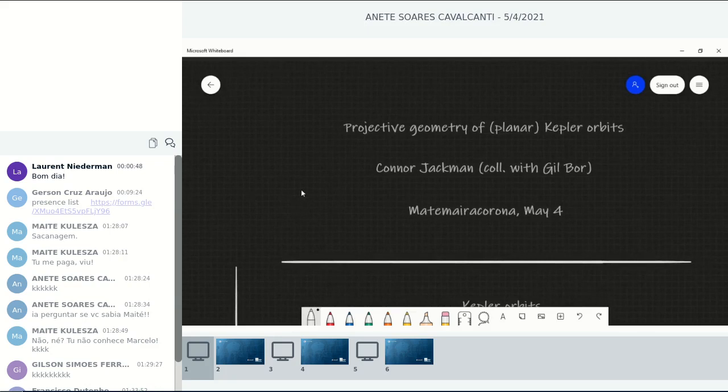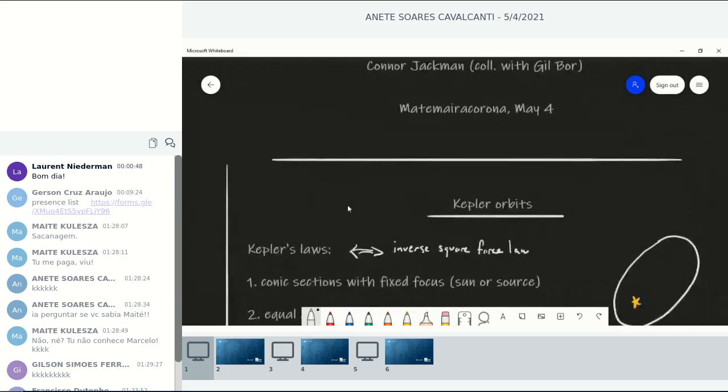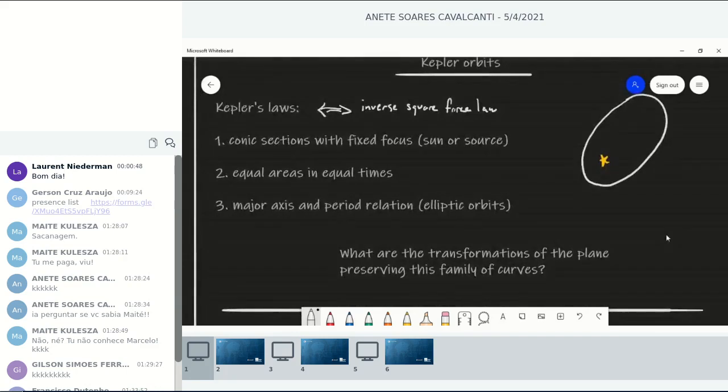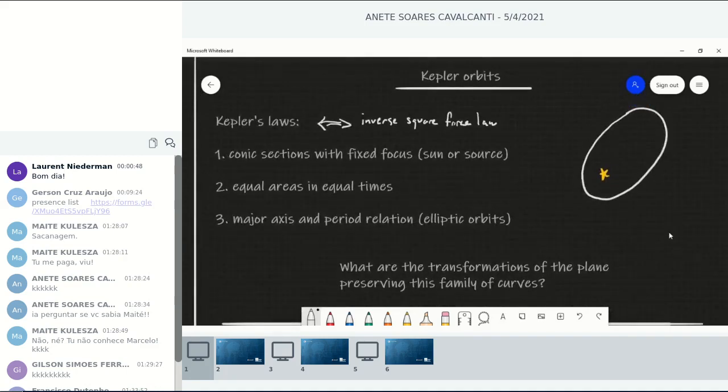All right, so we're calling it the projective geometry of these Kepler orbits. Just to start by reminding some things I think everyone here is familiar with. When I say the Kepler orbits, what I think of is the unparametrized trajectories of Newton's inverse square law.